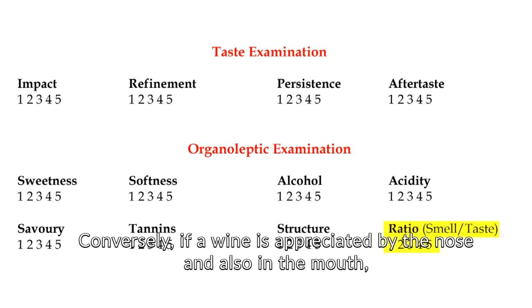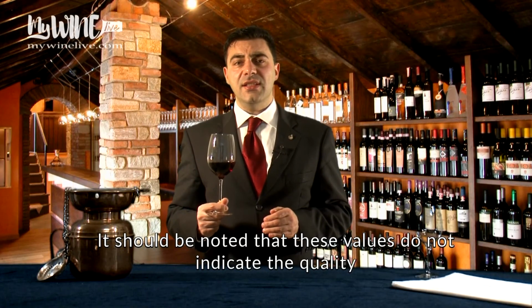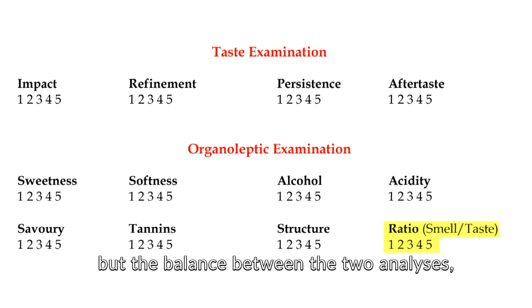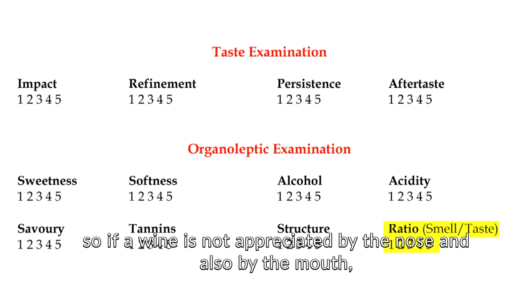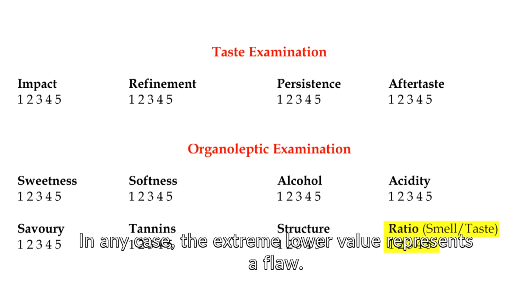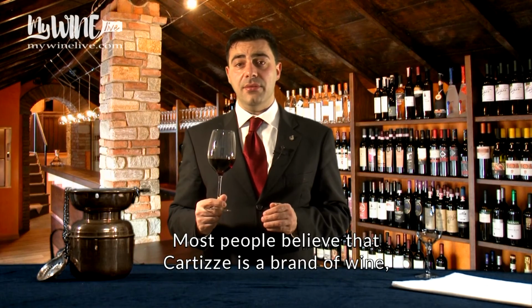Conversely, if a wine is appreciated by the nose and also in the mouth, the value to be assigned is 5. It should be noted that these values do not indicate the quality but the balance between the two analyses. So, if a wine is not appreciated by the nose and also by the mouth, the score to be assigned is still 5, because the nose and the mouth are in perfect agreement. In any case, the extreme lower value represents a flaw.